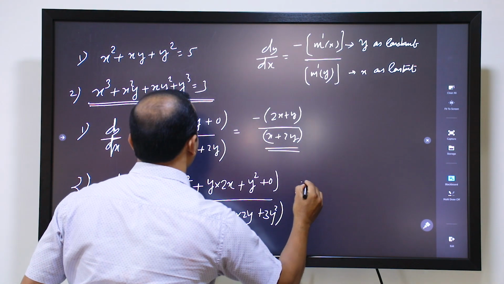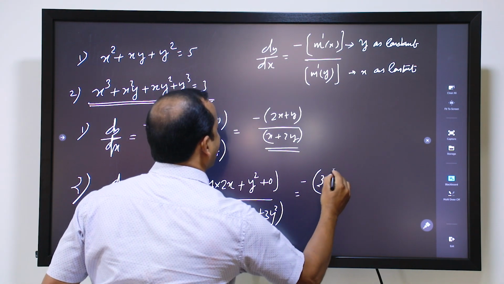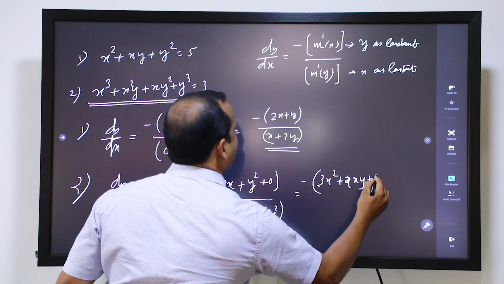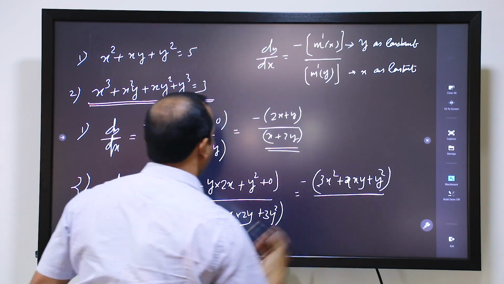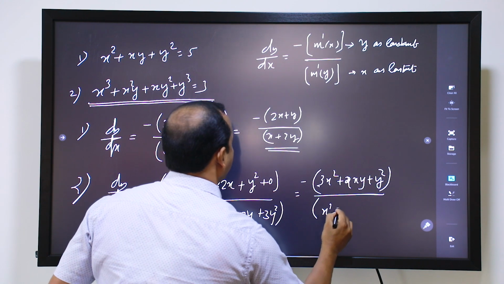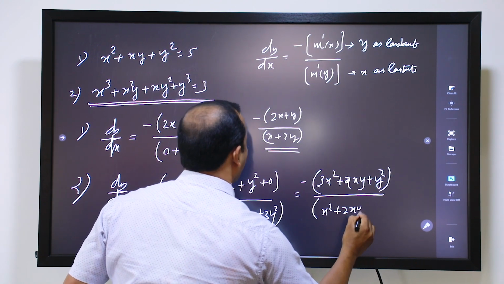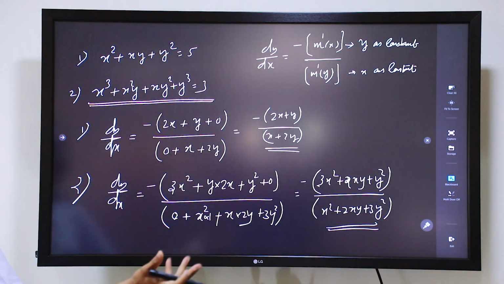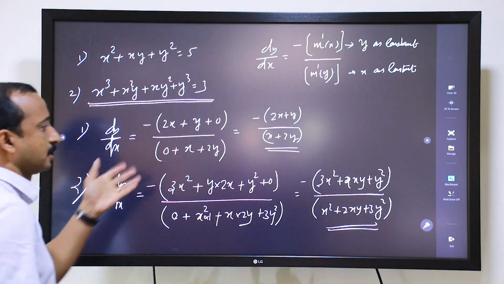Therefore finally we get the answer 3x square plus 2xy plus y square the whole divided by x square plus 2xy plus 3y square. Okay, that's all. It's very easy to find this answer, this type of question.